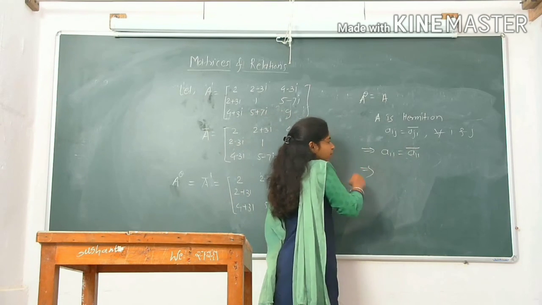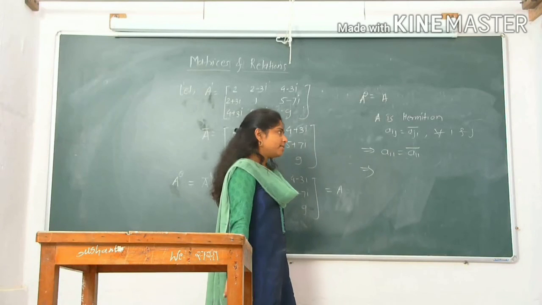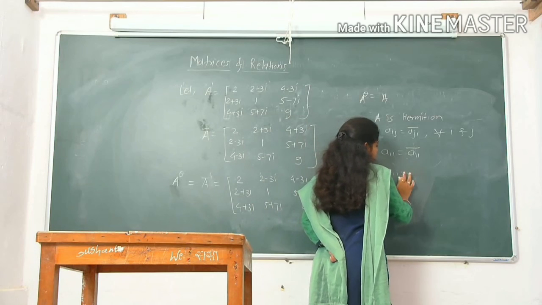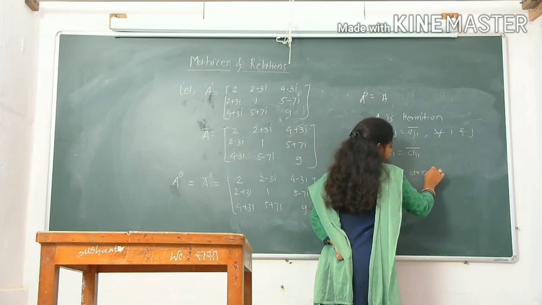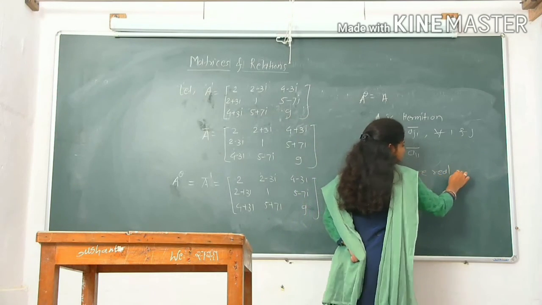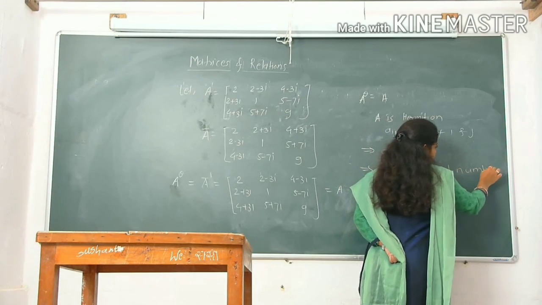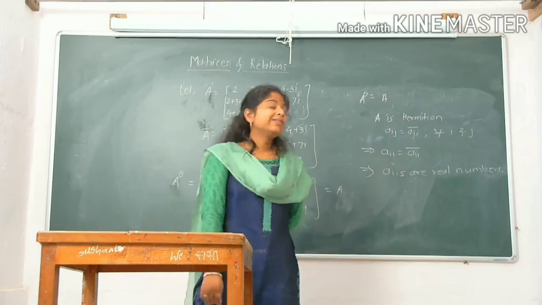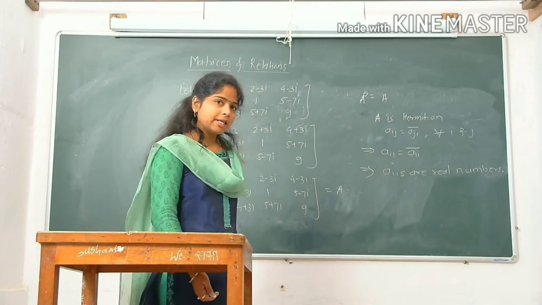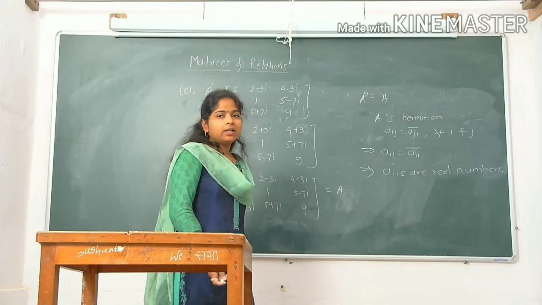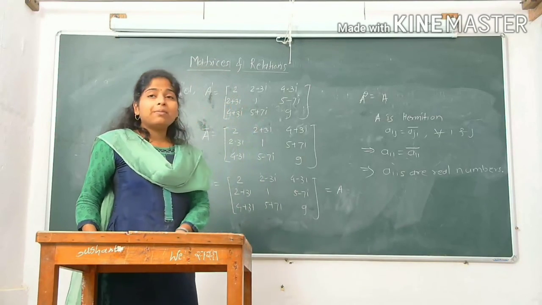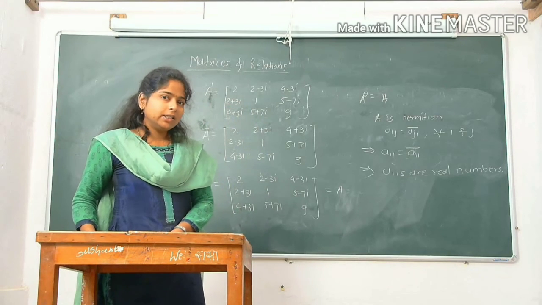From this, we get that these Aii's are real numbers, since we know that the conjugate of a real number is the same real number. That is, if A is a Hermitian matrix, then every diagonal element of that matrix is real.